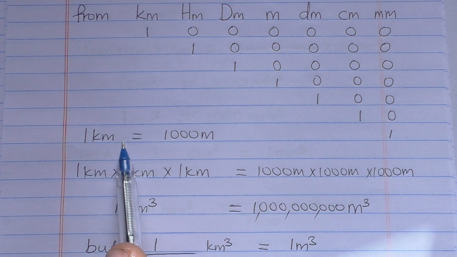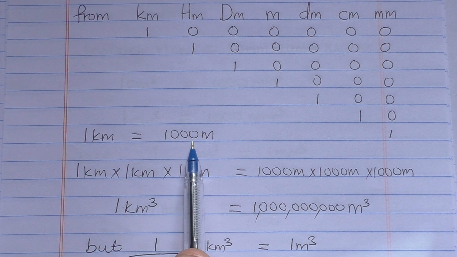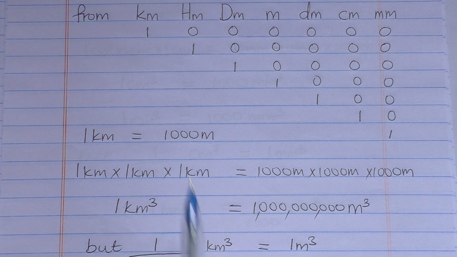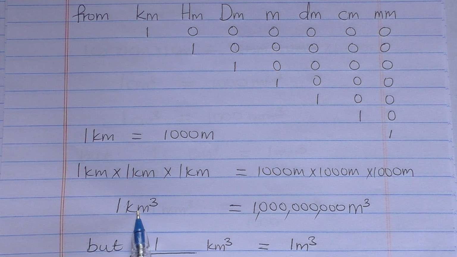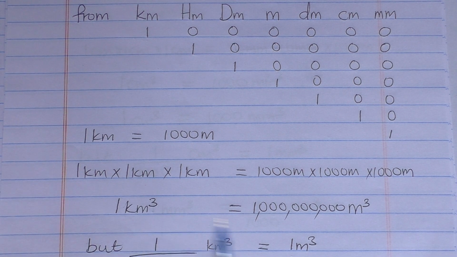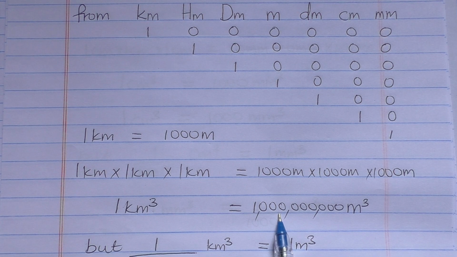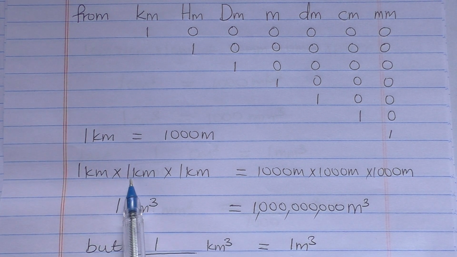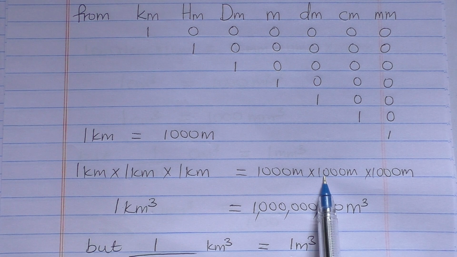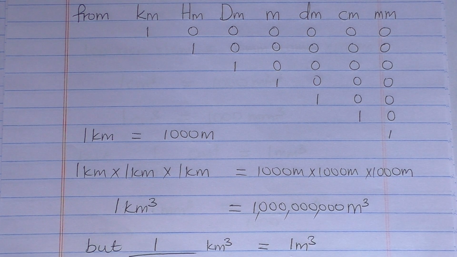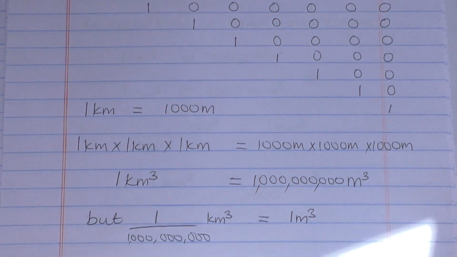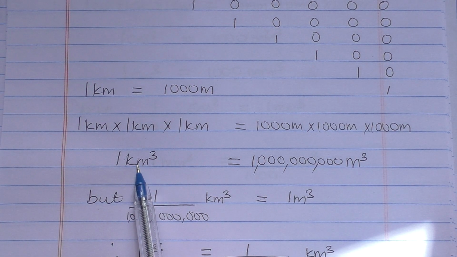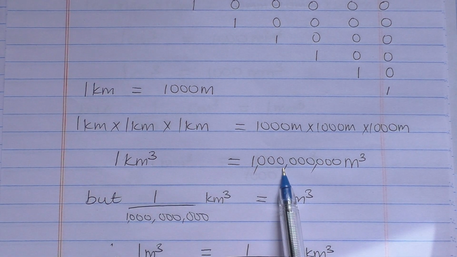So 1 kilometer cubed will equal 1 billion cubic meters, because as we cube this side, we also cube the other side. We cube by simply multiplying 3 times. So that gives us 1 cubic kilometer equivalent to 1 billion cubic meters.